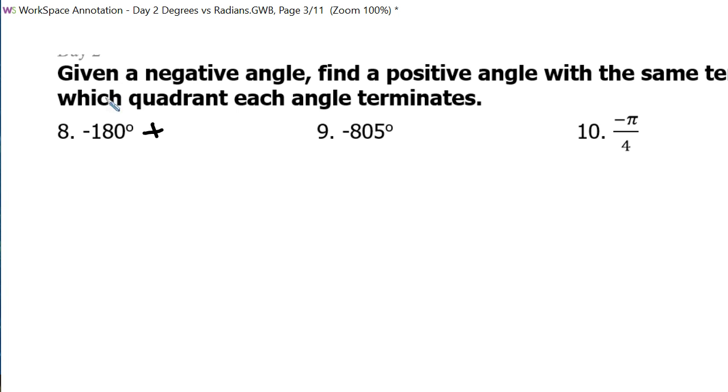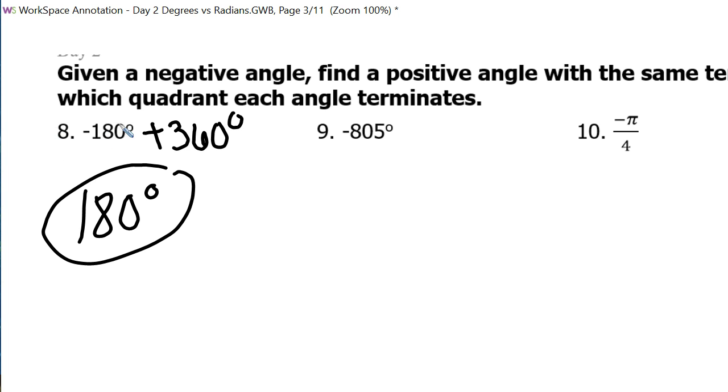So add 360 degrees, and what do we get? Positive 180 degrees. That's part 1. Now I have to state which quadrant that would terminate in. And now we're using positive rotation, so going counterclockwise.